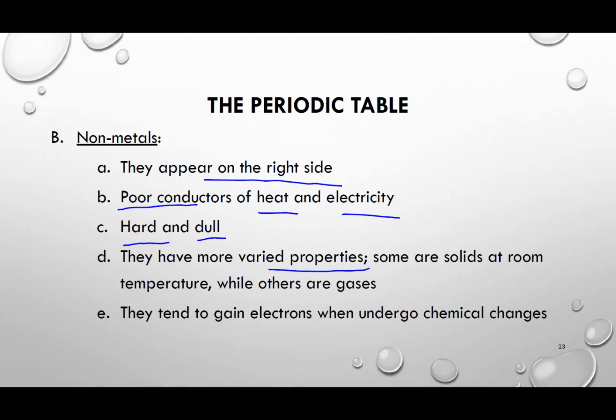Metals are all solid, but nonmetals, some of them are solid, some of them are gases. Carbon is solid at room temperature, whereas oxygen, which is a nonmetal just like carbon, is a gas. As you can see, they have different properties.